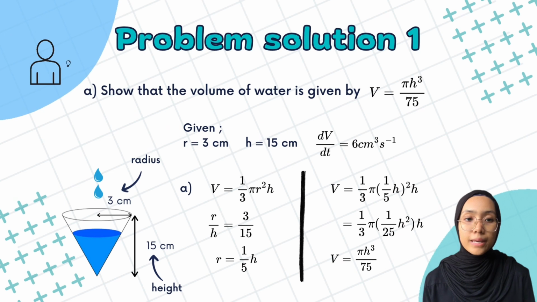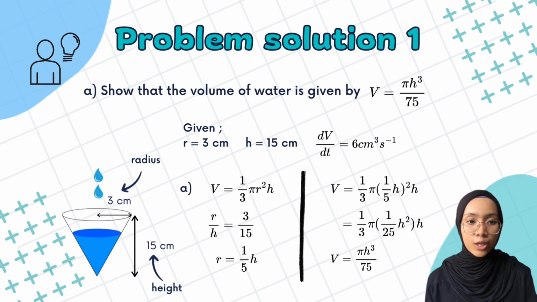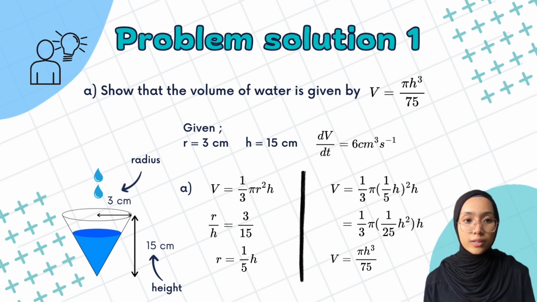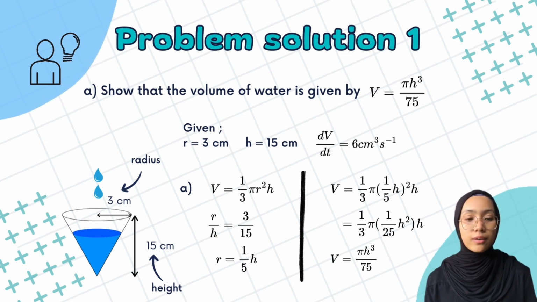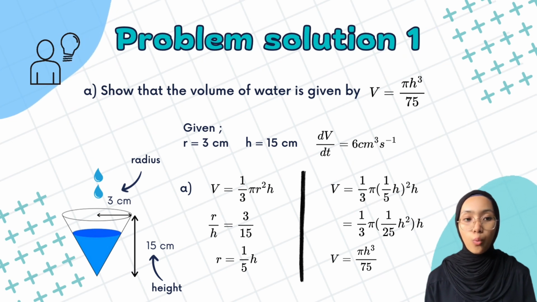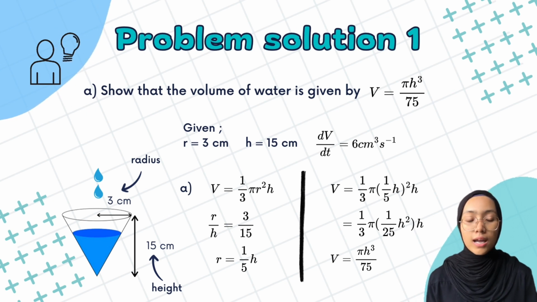But first, based on the provided information of r and h, we need to create a fractional equation, which will be r over h equals 3 over 15. Next, we obtain the answer that r is equal to 1 over 5 h. The next step is, by taking the previously obtained value of r, substitute it into the original formula of the cone.